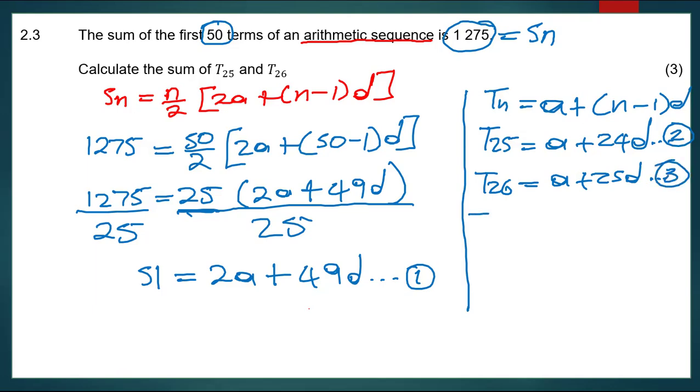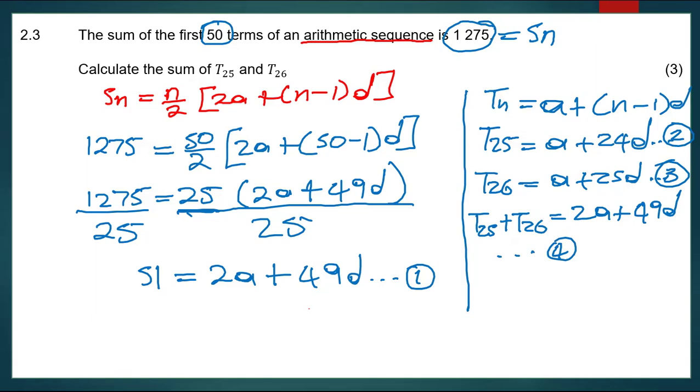If I add T25 with T26, I will get 2a plus 25d plus 24d, which gives me 49d. So that's what I will get when I add these two terms, and I'll make this equation number 4.